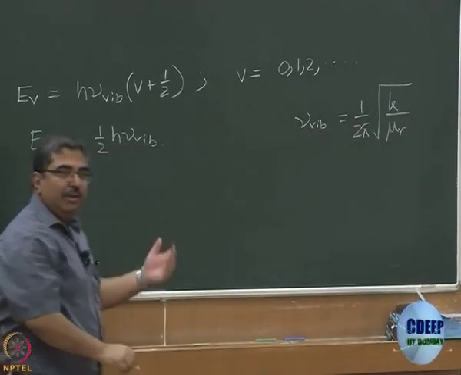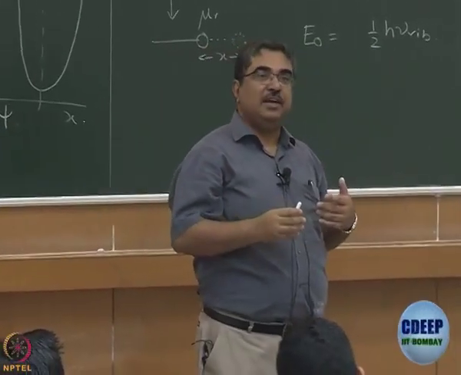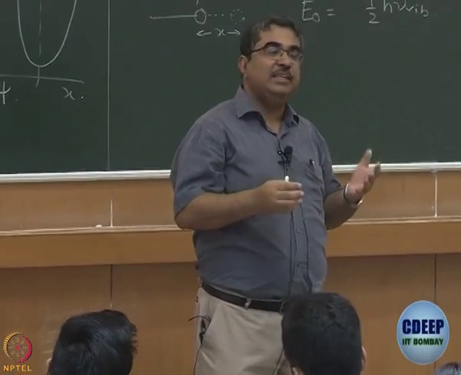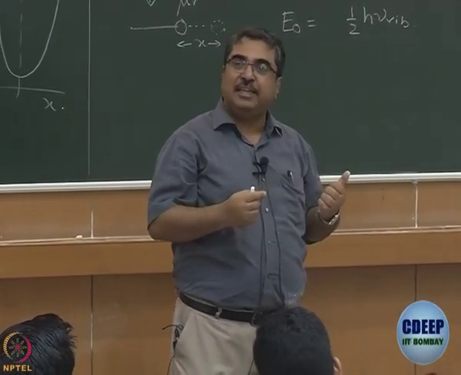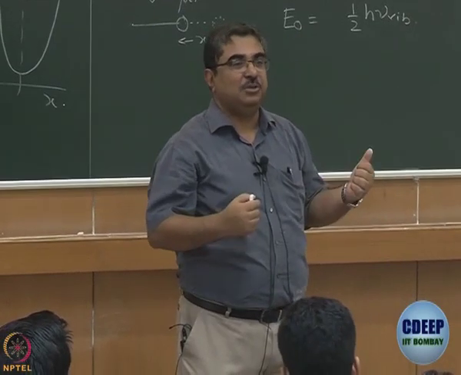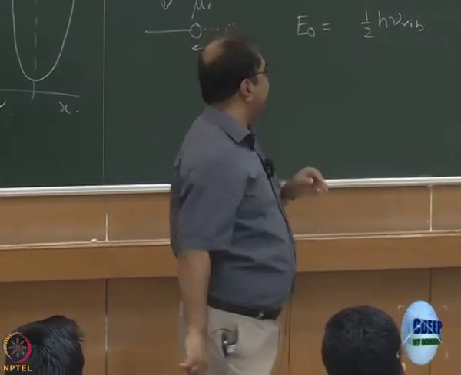Okay. So, if we can determine this frequency of vibration knowing the reduced mass, we can find out what is k, the spring constant, and if we know what the spring constant k is, then we essentially know how strong the bond is. That is the basic idea of this whole exercise.